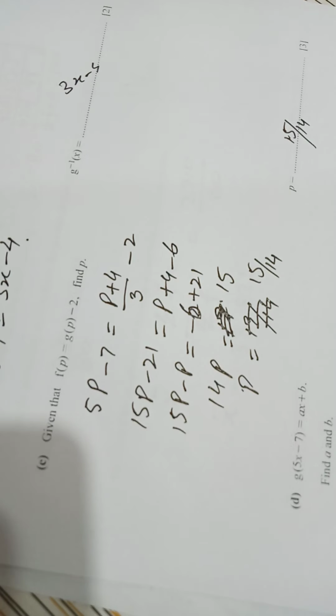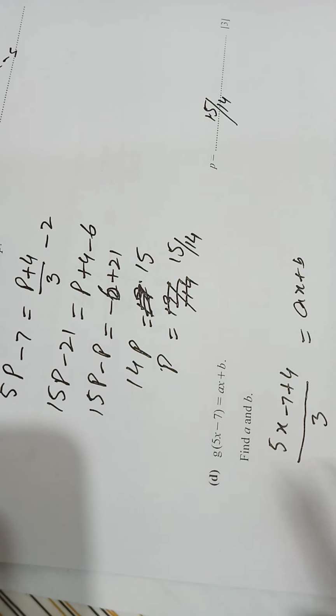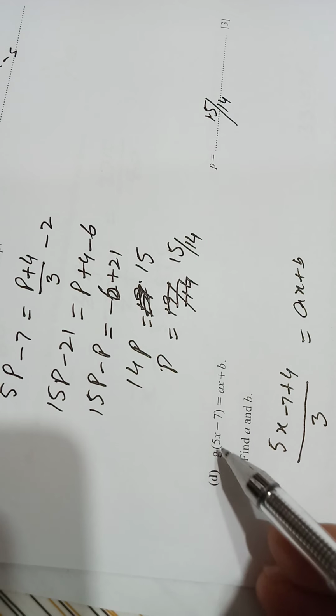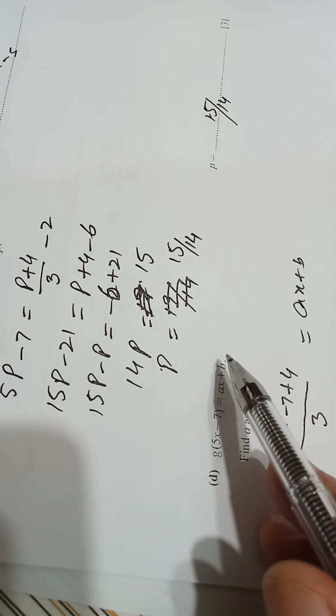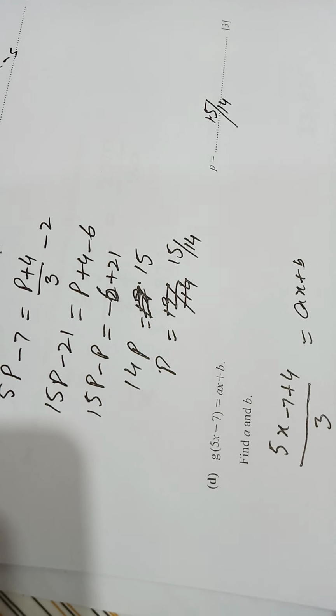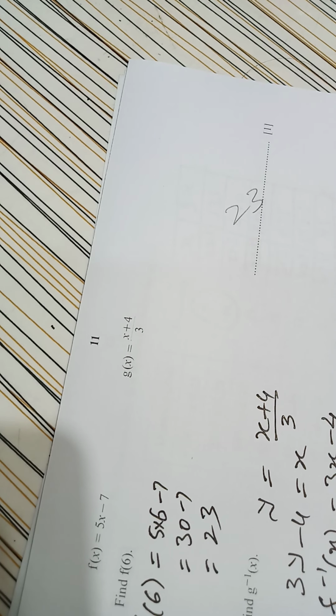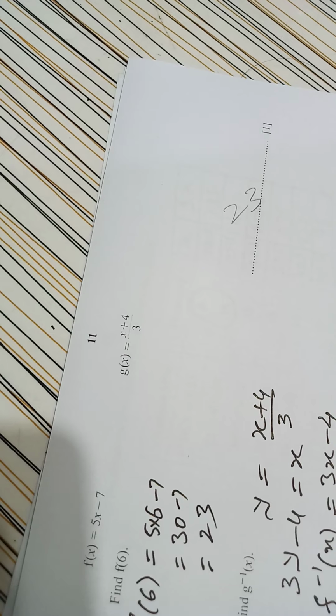Simplify this, so your answer will be p is equal to 15/4. And in D part, he has given you g(5x minus 7) is equal to ax plus b. So in your g(x) function, in place of x you will put 5x minus 7. Your g(x) function is x plus 4/3.